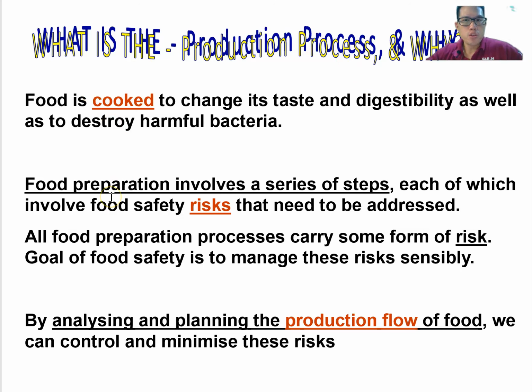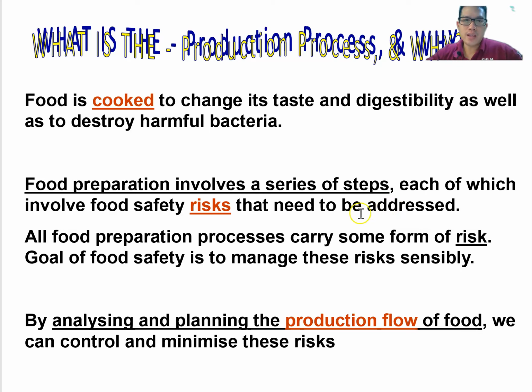So food preparation involves a series of steps. Every time, remember this, there will be a certain degree of risk that comes with food preparation. For sure there's a certain risk, so your job is to minimize the risk.